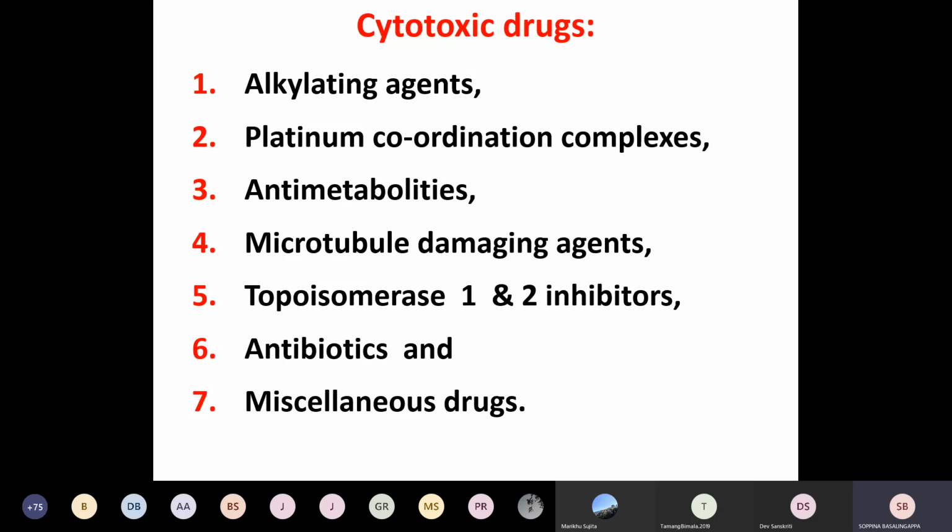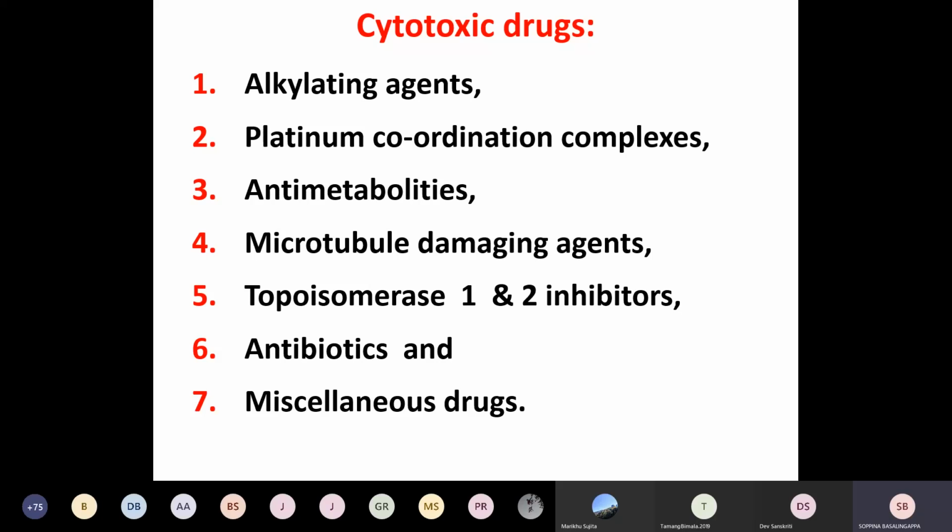For example, we are talking about cytotoxic drugs, the drugs which are toxic to the cells. They are further classified depending upon either their chemical nature or their pharmacological effect. So there are 7 groups. One is alkylating agents. Second group, platinum coordination complexes. Third one, antimetabolites. Fourth one, microtubule damaging agents.